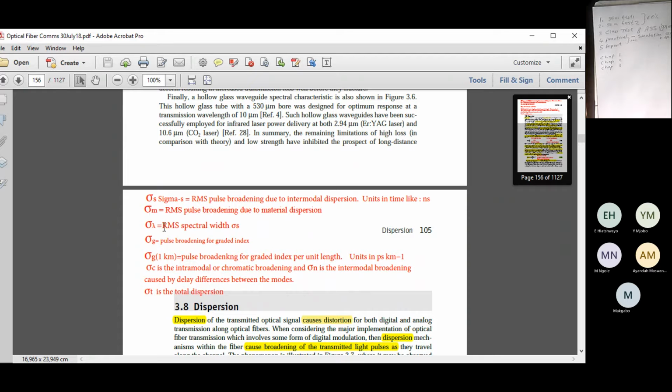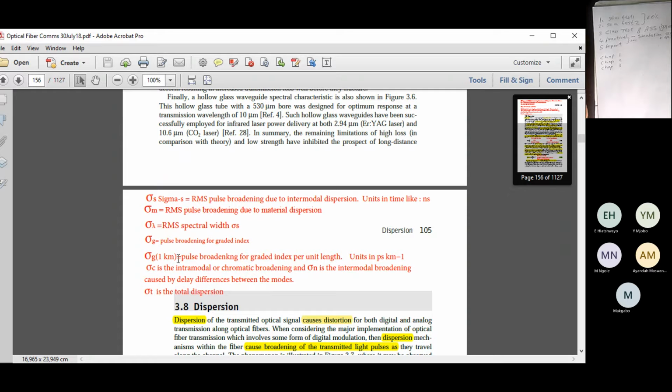Sigma lambda is the RMS spectral width of sigma S, and this is the RMS spectral width of this one. Sigma G is pulse broadening for graded index fibers. It's very confusing. They talk about these sigma values throughout the text and it's a bit unclear.